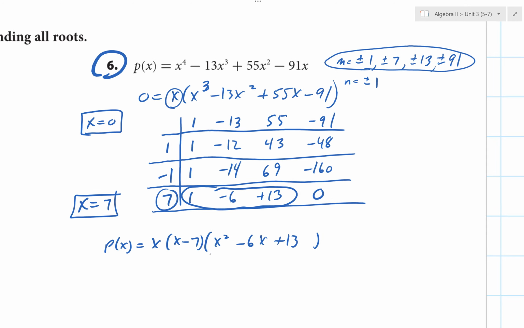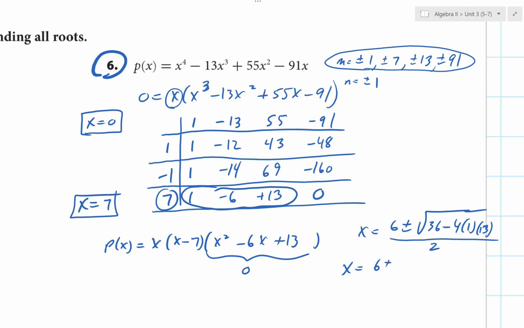So how can I set this equal to 0 if it's not factorable? Quadratic formula. It would be x equals negative b plus and minus the square root of b squared minus 4 times a times c over 2a.